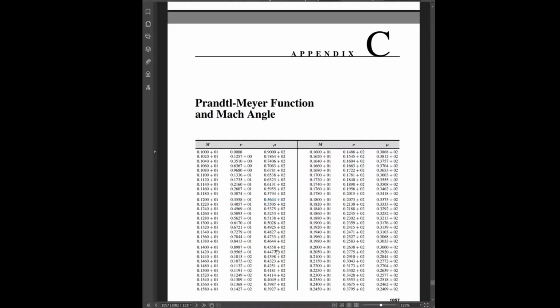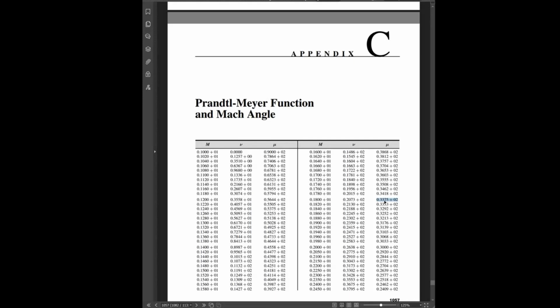If I already know my Prandtl-Meyer function, for example, I know my Prandtl-Meyer function is 20.73, then I can see that corresponding Mach number is 1.8 and corresponding Mach angle is 33.75 degrees. It's quite important to state that Prandtl-Meyer function and Mach angle in Appendix C are given in degrees.